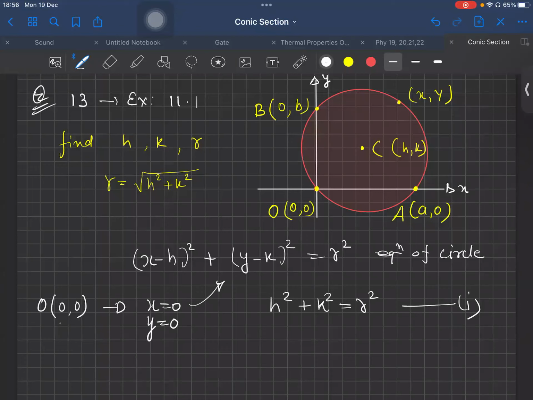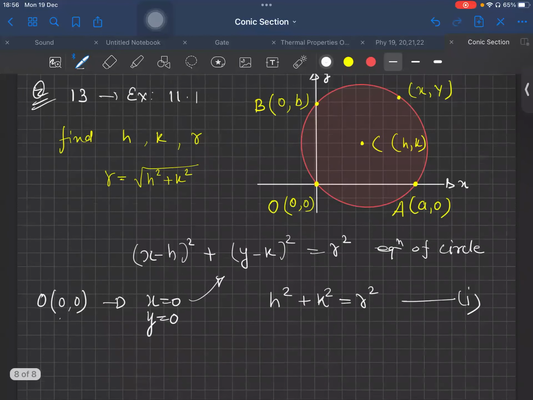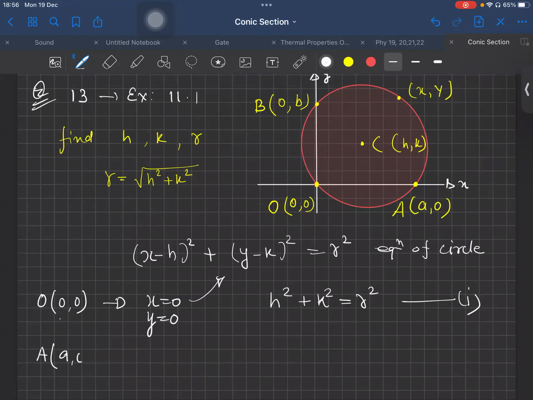Now it is also passing through point A, which is (A, 0). Now x is equal to A and y is equal to 0. Put it here. Write down (A minus h) whole square plus (0 minus k) square, so plus k square is equal to r square.